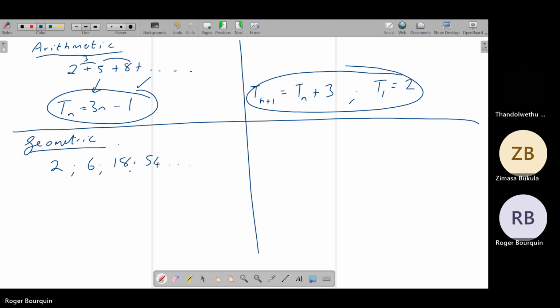So if I said determine a formula for the general term, or find an explicit formula, our formula is Tn is equal to a r to the n minus 1. So go and write the answer down.